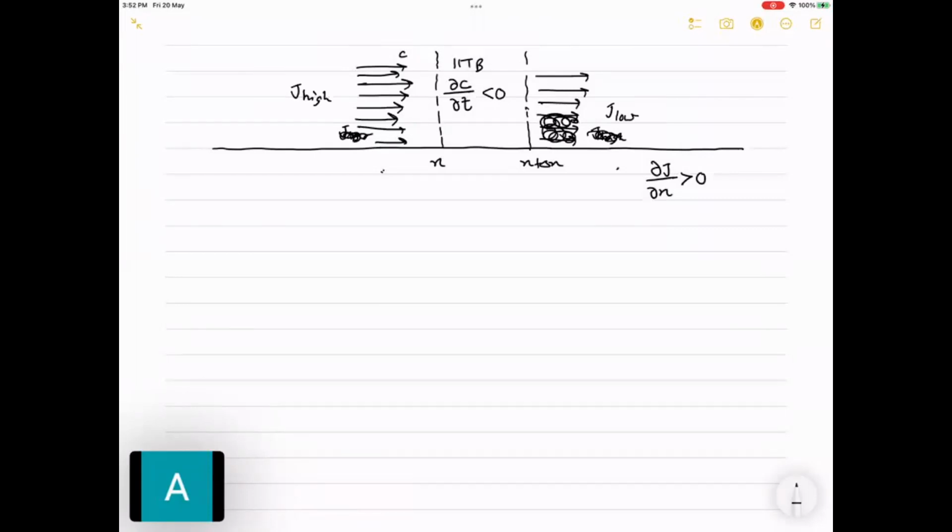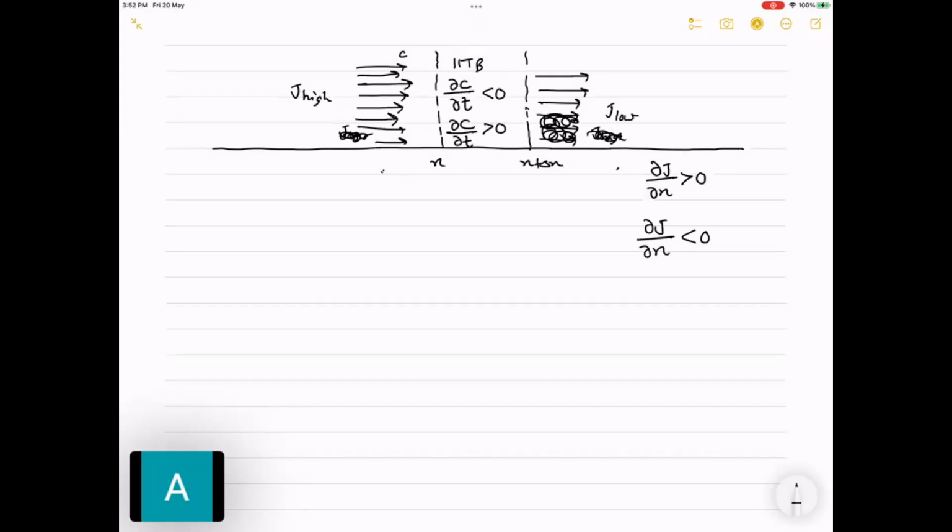In the second case, delta J by delta X will be less than 0, because J is low on this side and high on this side. Then the number of cars will increase, which means delta C by delta T will be greater than 0.